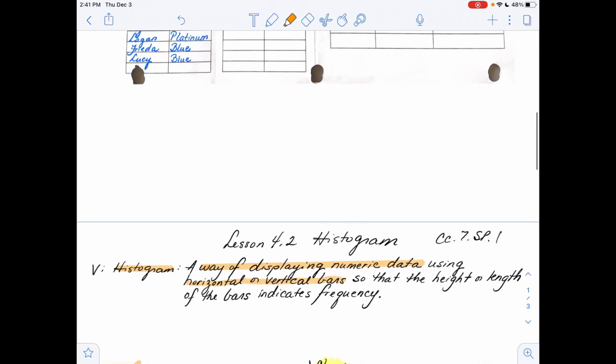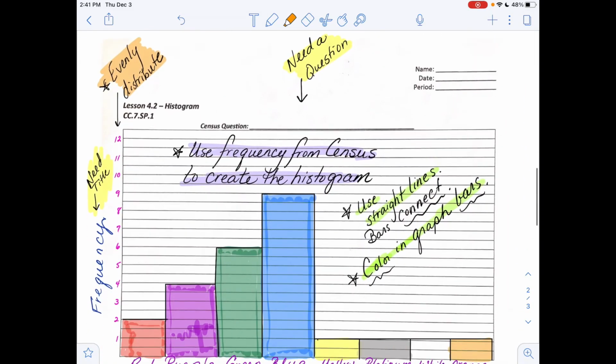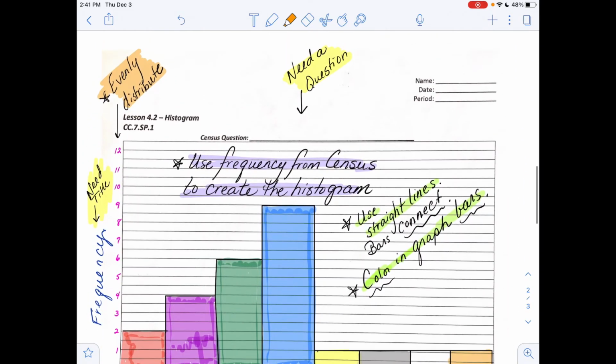So when I look at a histogram, first thing is, you definitely need a question. What was the question I did on my census? What is your favorite color?